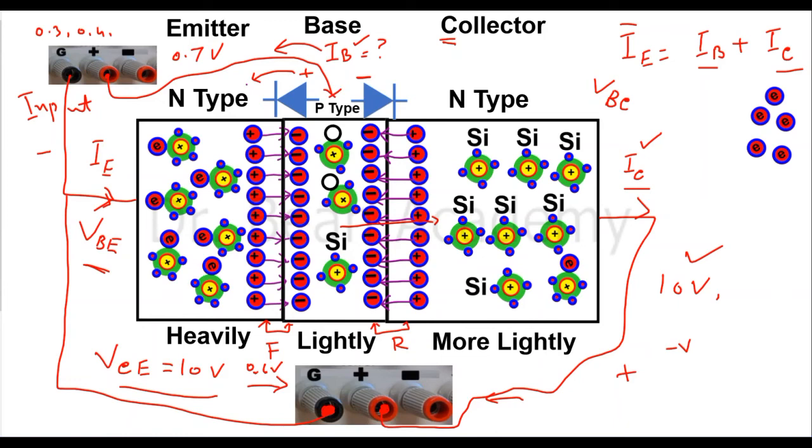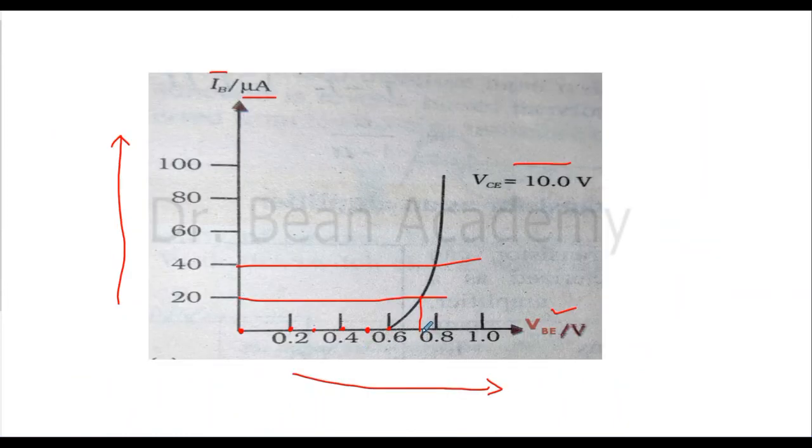Because of course when I set a voltage, for example here whatever voltage it is, then the current from the base will be constant at 20 microampere, and it will remain 20 microampere, it will never change, right? And then if I want more current, maybe 40, then I will set the corresponding voltage across base and emitter, maybe around 0.8.